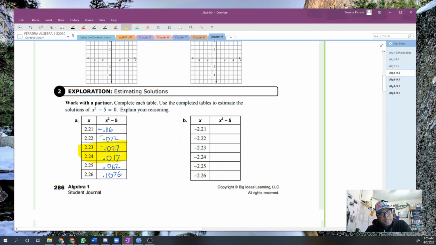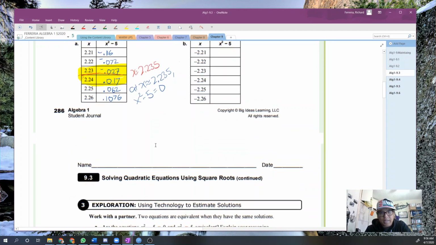So that indicates to me that somewhere in between 2.23 and 2.24, x squared minus 5 has to be equal to 0. So if I want to estimate that, I'm just going to say what's exactly in the middle of 2.23 and 2.24, and that is x equals 2.235. And then furthermore, what I'm concluding here is that around x equals 2.235, x squared minus 5 is equal to 0.